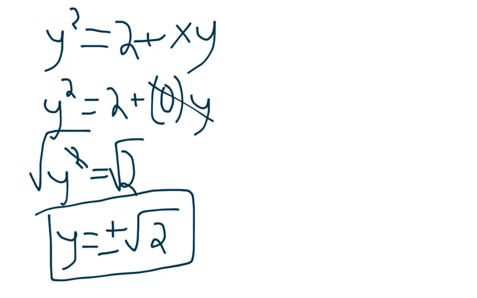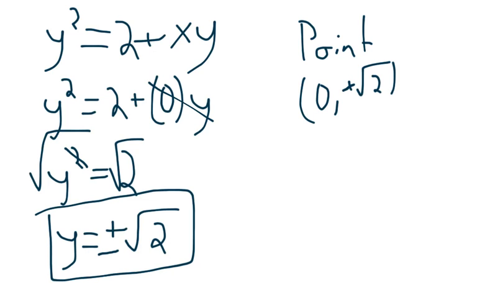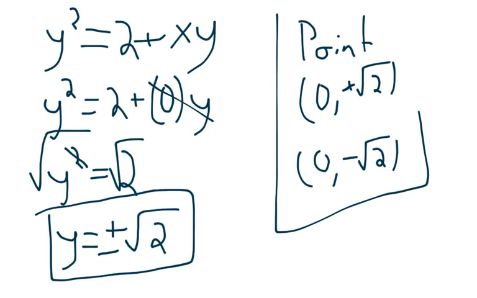Now, since this counts as 2 solutions, this will be your possible points of the curve, which is (0, root 2) and (0, negative root 2). And that's it. These are all the possible points that you'll find in the curve.